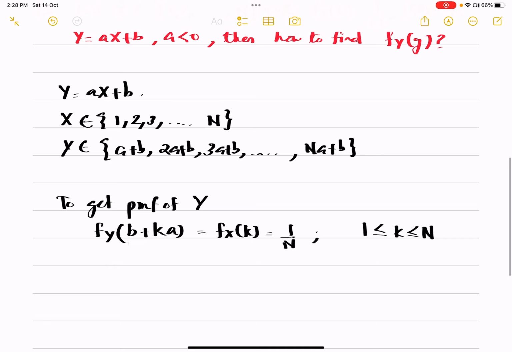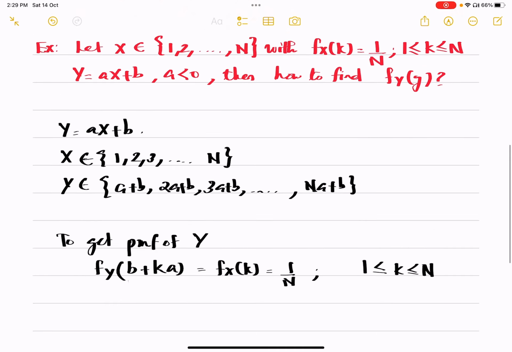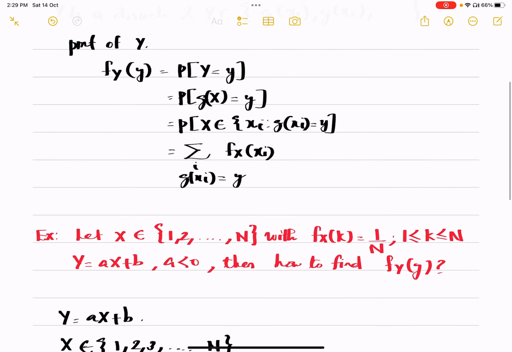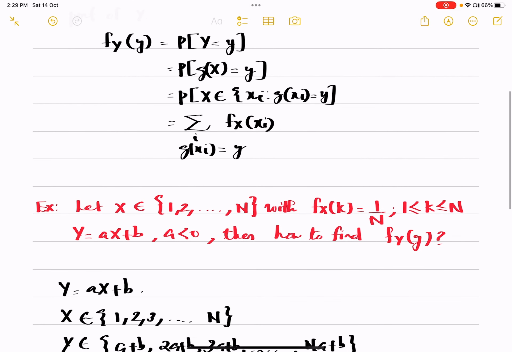I hope this is clear. Or do we want more clarity on this?